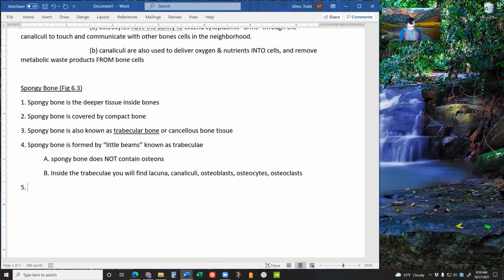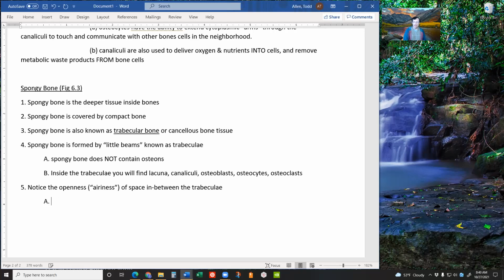Okay, notice the openness, or quote unquote airiness, and I'm just using that term very, very liberally. You're not going to have air there, but you're going to have openness.